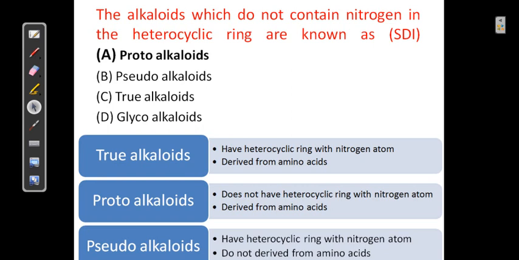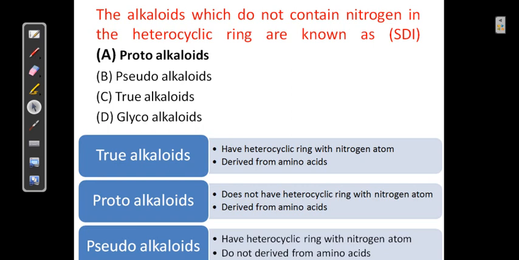True alkaloid and pseudo-alkaloid both have a heterocyclic ring with nitrogen atom. Proto-alkaloid does not have a heterocyclic ring with nitrogen atom.